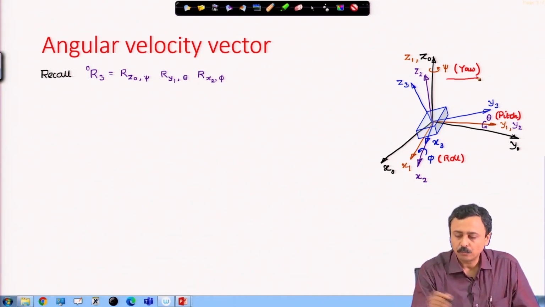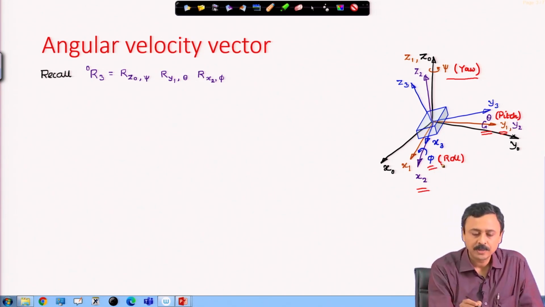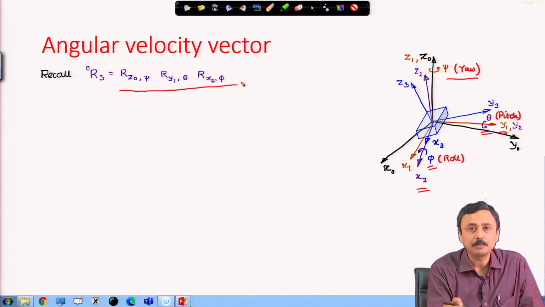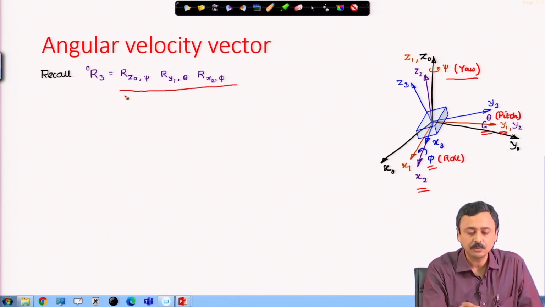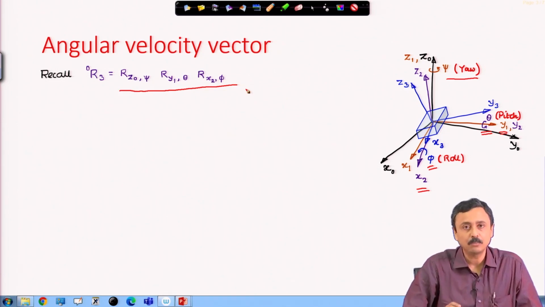Then about the new y axis, y1, by an angle theta, and then about the new x axis, x2, by an angle phi, which is the roll. Since all rotational transformations take place with respect to the new axis obtained every time, this sequence is post multiplied to obtain the net rotation matrix from frame 3 to frame 1.